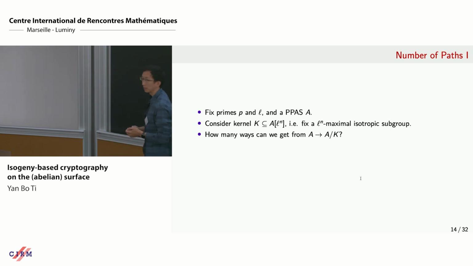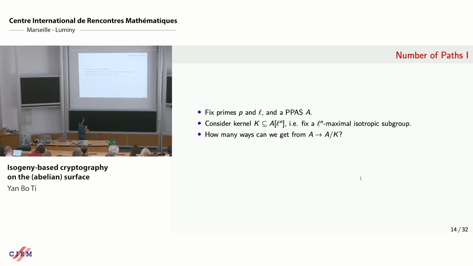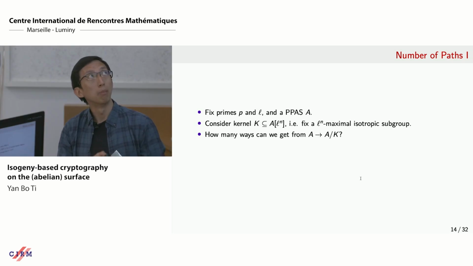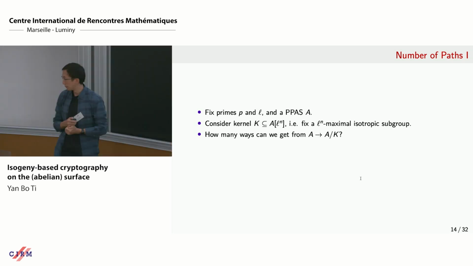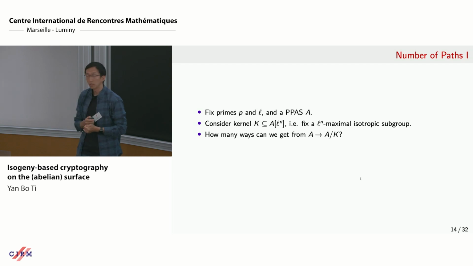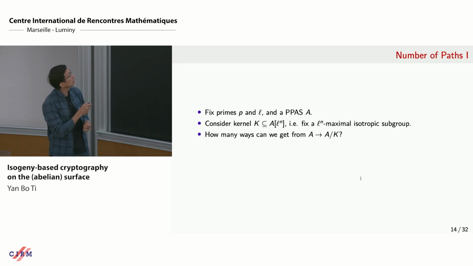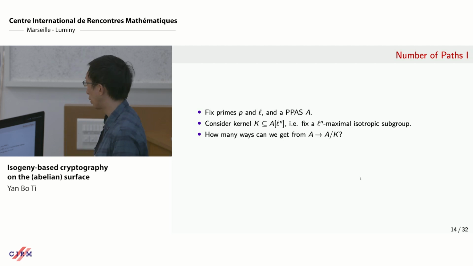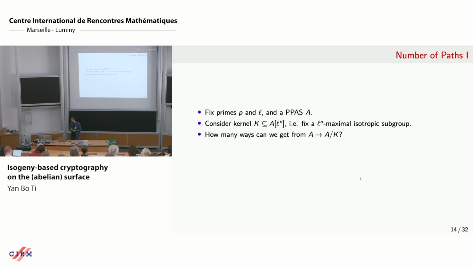So first of all, you fix some prime L, some prime p. L is going to be 2 again, and you fix some abelian variety, a principally polarized abelian surface. You consider some kernel, so you want to fix an L^n maximal isotropic subgroup K. You want to ask how many ways can you go from A to A_K, the codomain.